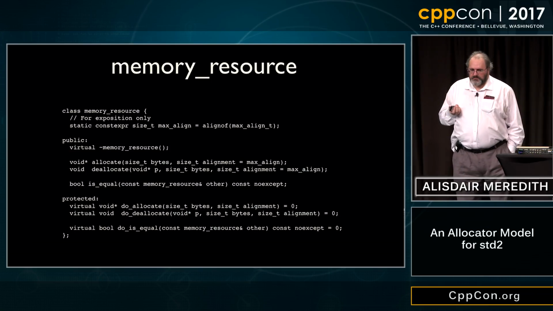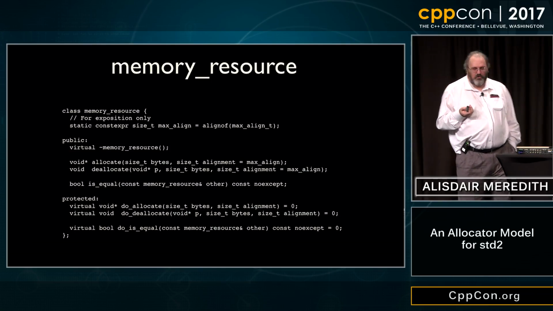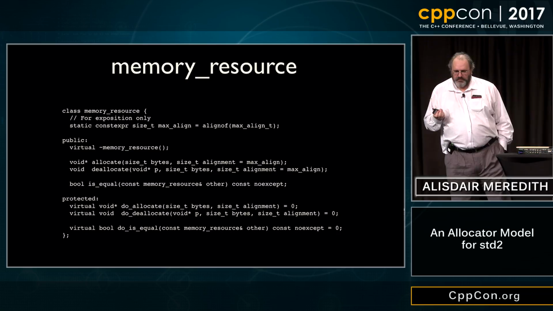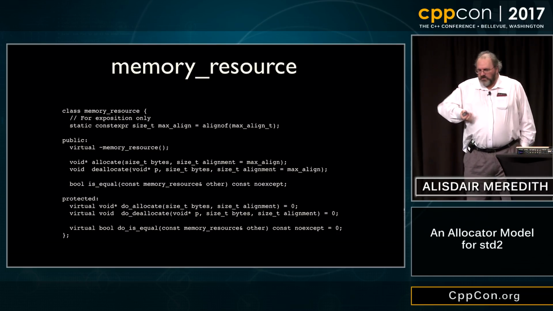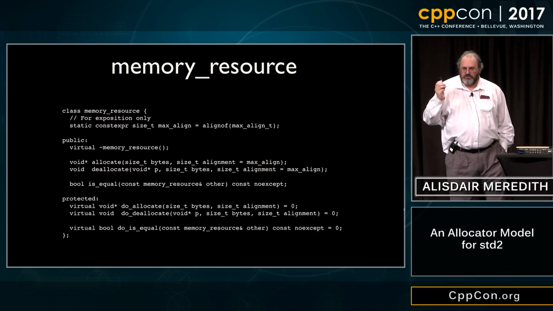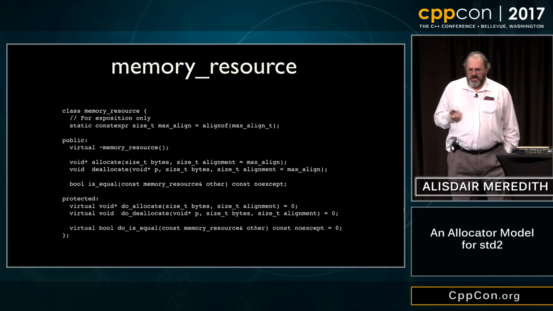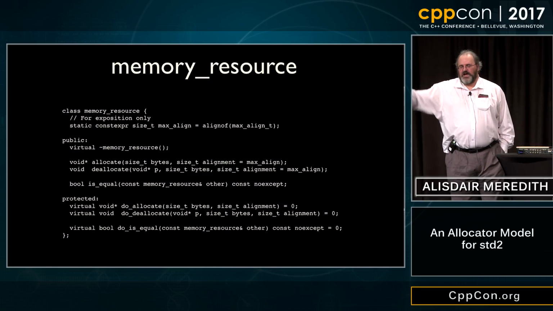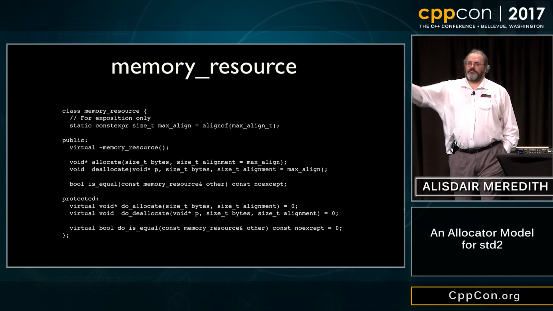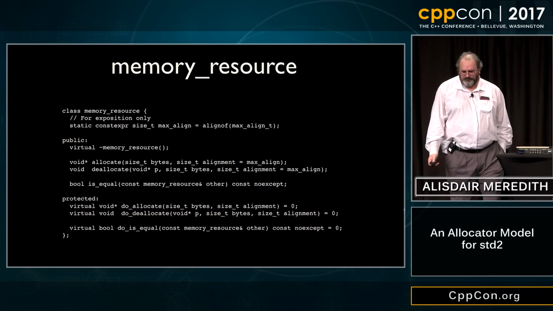So this is the basic memory resource interface, which looks a little small on this slide, I'm afraid. Basically, you see it's got a virtual destructor. It's got public member functions that are not virtual, allocate and deallocate. They take a number of bytes that you want to allocate and an alignment, and the alignment will default to max align if you don't supply it.